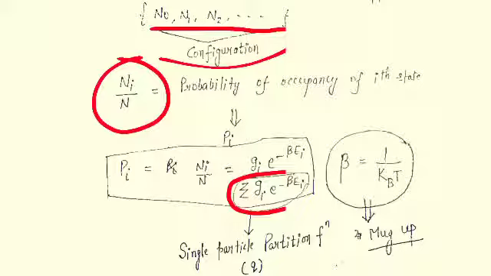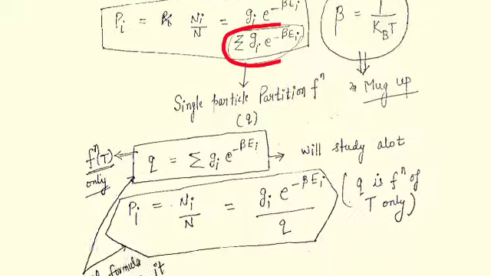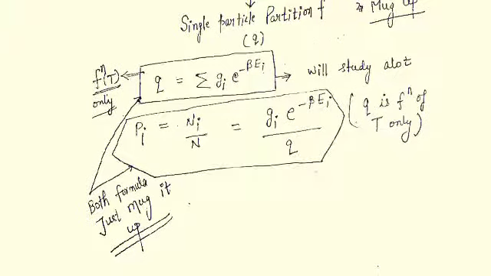This partition function came from this formula, and we will study it a lot in this subject. It is a function of temperature only. If you change the temperature, the partition function changes; otherwise no change occurs. So just mug it up. We had put q here, and nothing different.